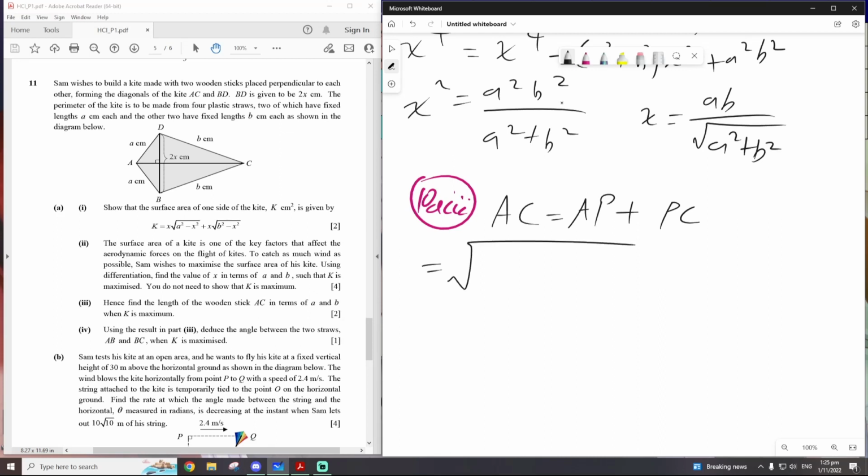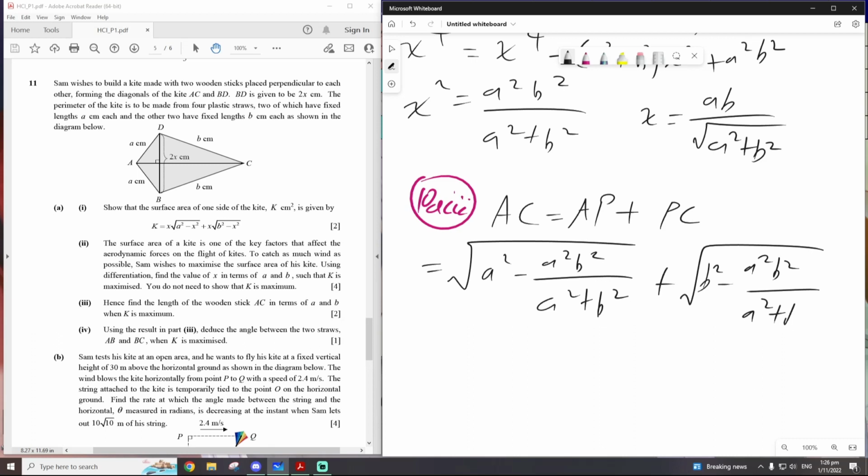So I get root a squared minus x squared is a squared b squared divided by a squared plus b squared. And then similarly, PC is b squared minus a squared b squared divided by a squared plus b squared. If I simplify this, I will get a squared times a squared plus b squared divided by a squared plus b squared when I combine into a single fraction, which becomes a power 4 plus a squared b squared, sorry, which cancels the a squared b squared over here. So I'm just left with a power 4 over a squared plus b squared, square root the whole thing.